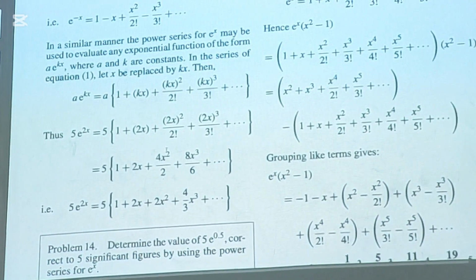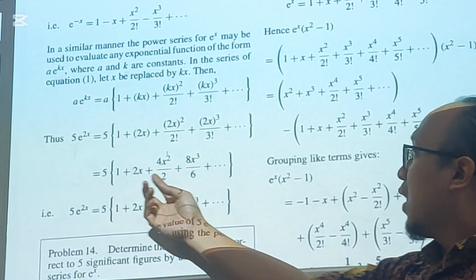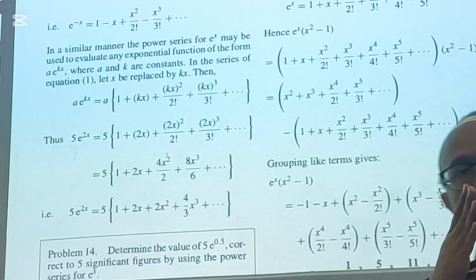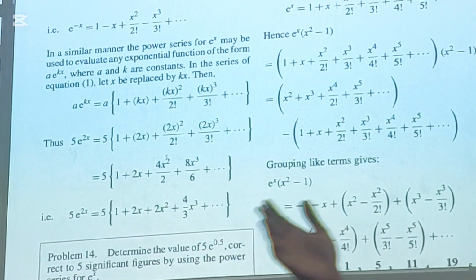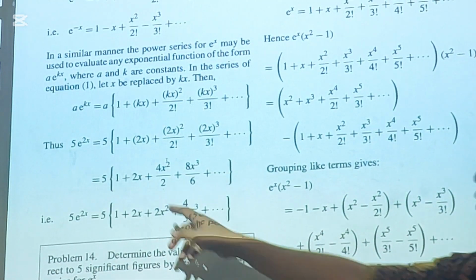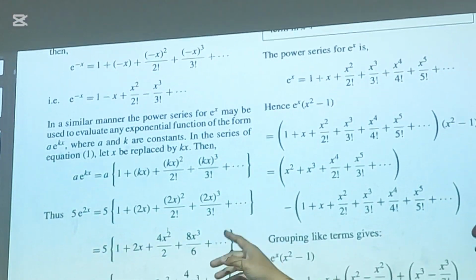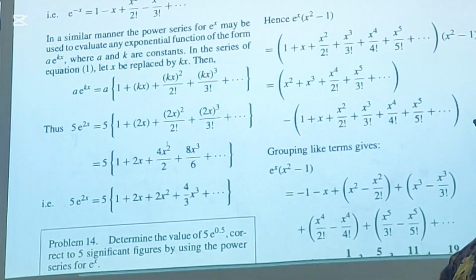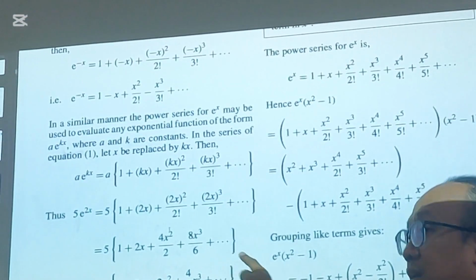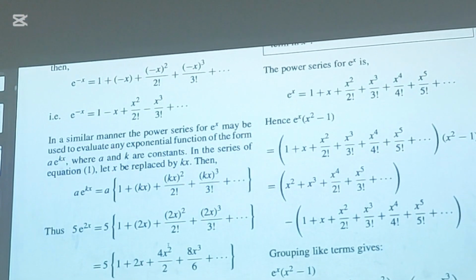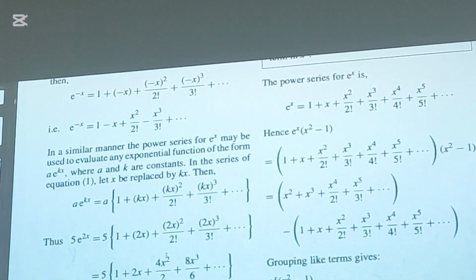So sometimes you can put 5 terms or 4 terms, 1, 2, 3, 4, or more. Then don't forget to put the three dots to indicate this is a long series.